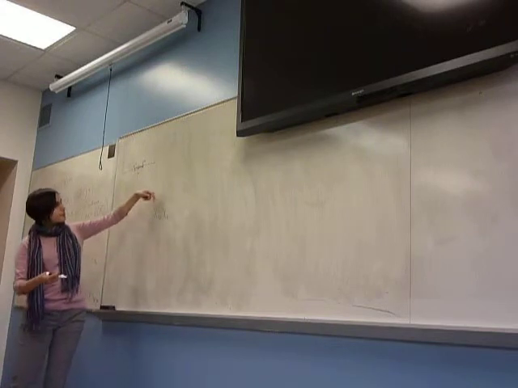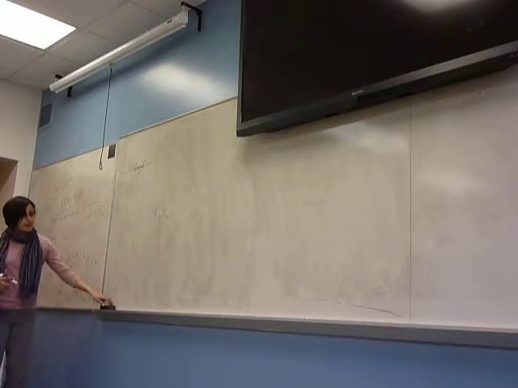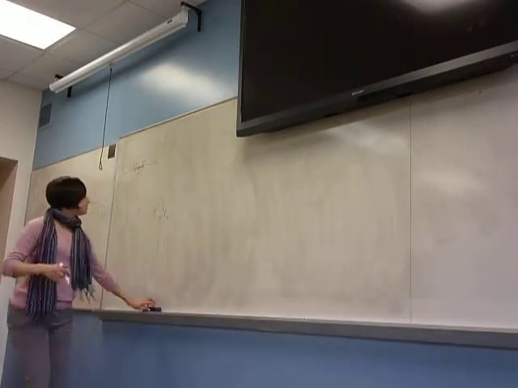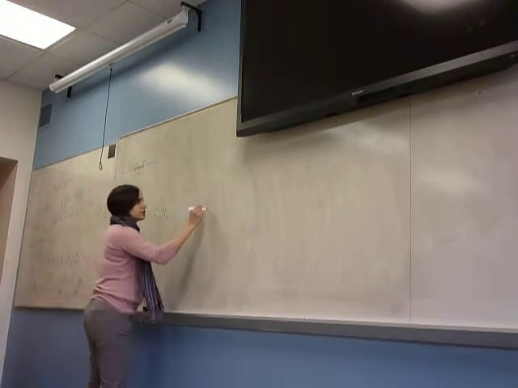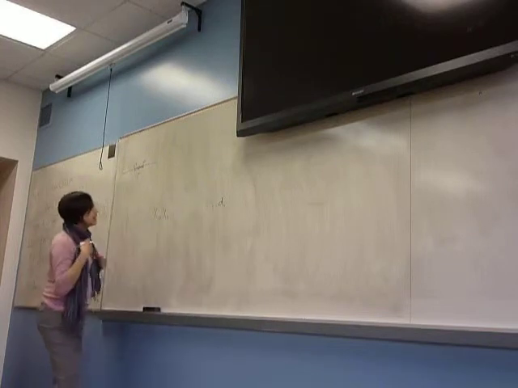If you're sampling from a certain population, they have the same distribution, and I sample so that they're done independently. These are what you call IID, independent and identically distributed.